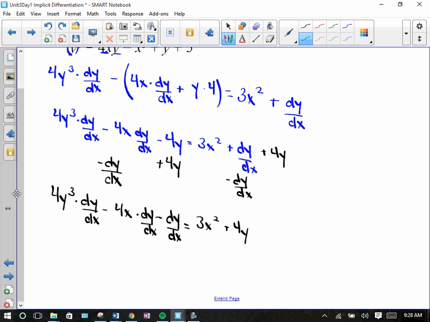So what can I do with that dy dx in those 3 terms? If I have the same variable in 3 different terms, what can I do with that variable? I can't really combine these because this is 4y cubed and that's 4x. What can I do with this dy dx, this dy dx, and this dy dx?